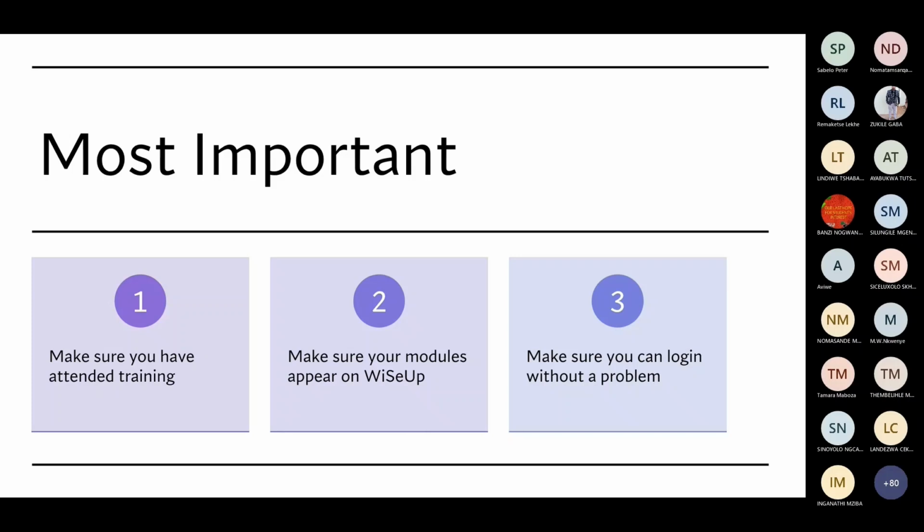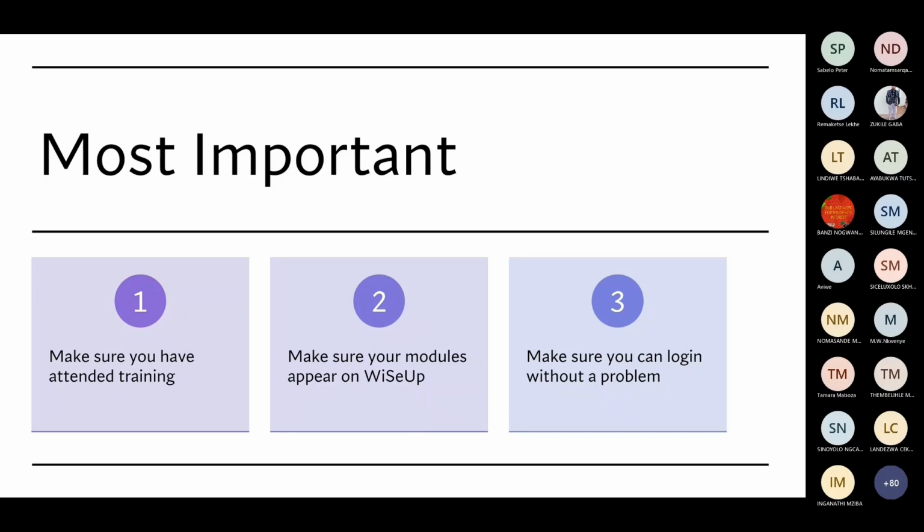The last thing, make sure today that you can log on to Blackboard and you can also log on to Moodle. Make sure that you can log on to both, because when it's 10 minutes to 10 and the exam starts at 10 and you tell me that you cannot log in, there's very little that I can do for you.